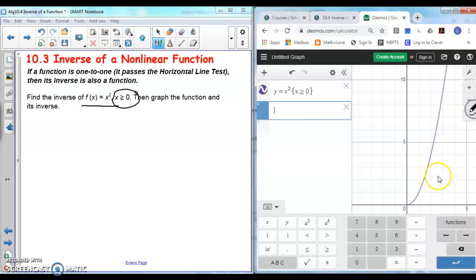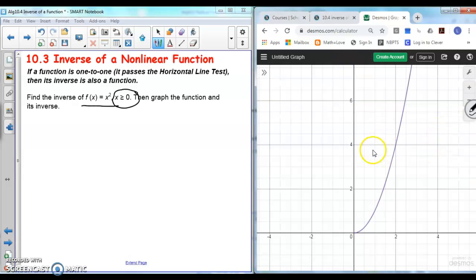What happened? So your graph is now showing just the half part, right? So it's showing the part of the graph where the domain is starting from 0 all the way to positive infinity. So is this a function?